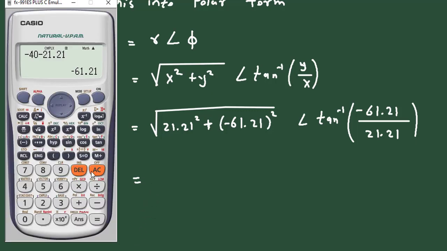So this is under root of 21.21 square plus in bracket minus 61.21 square.